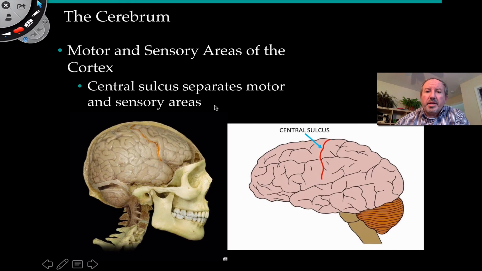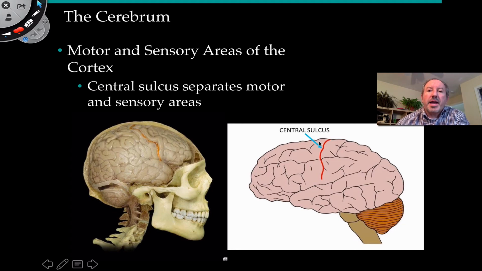So first off, I would need to start off in the cerebrum. So the cerebrum is this upper area of the forebrain, and it's divided by this central sulcus right in here. Of course, it's easy to see it in this diagram, this red line right here. And then to the front is the frontal lobe right over here, and then here's the parietal lobe of the cerebrum.